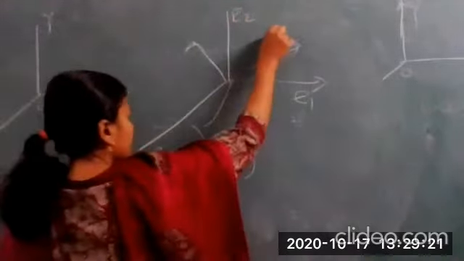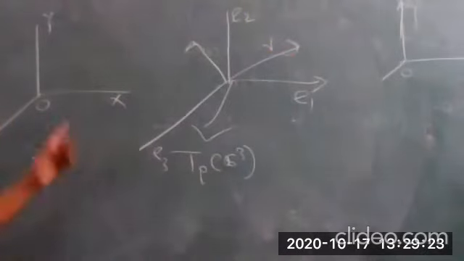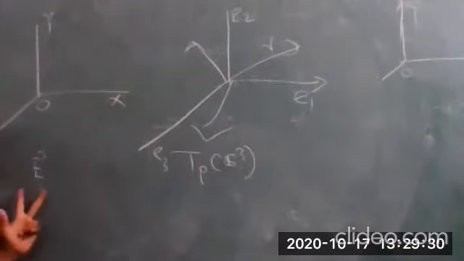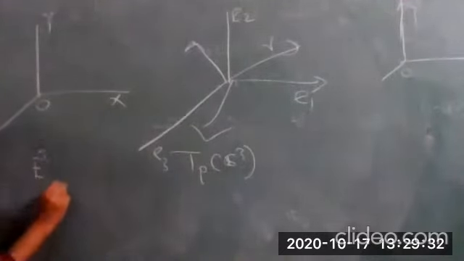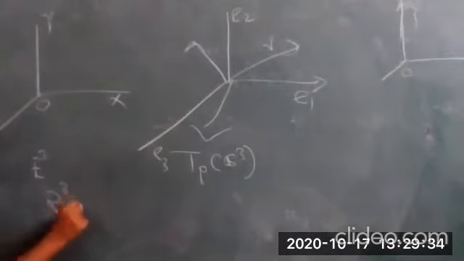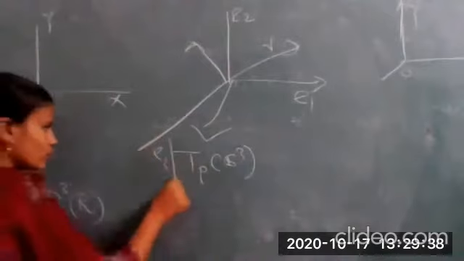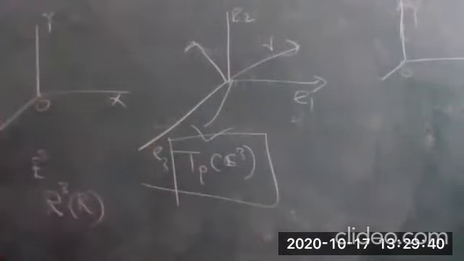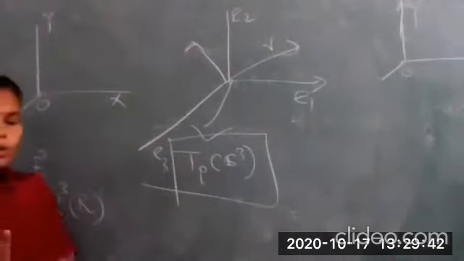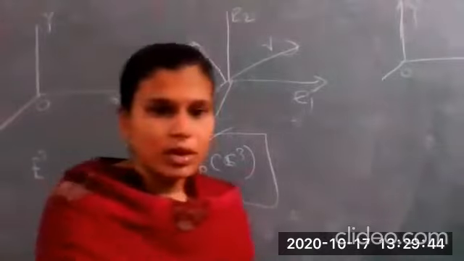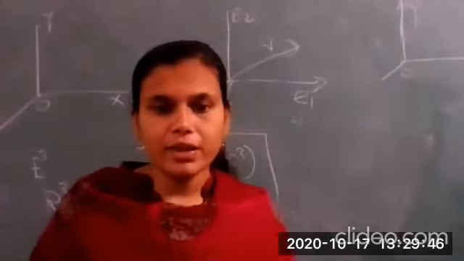And this is any vector V. This any vector V can be written as a linear combination of E1, E2 and E3. And I have told you already E3 is nothing but your R3 space, and already you have proved that R3 over R is a vector space. And I have told you to prove TP of E3 is also a vector space with the help of two operations I have given you. What are those operations I have given you?